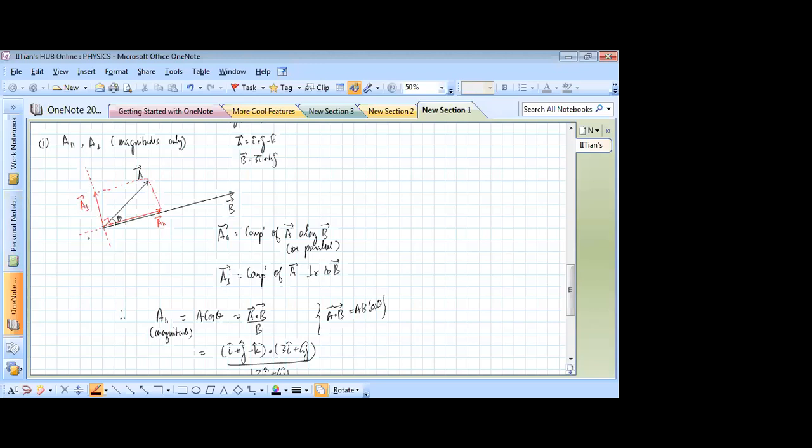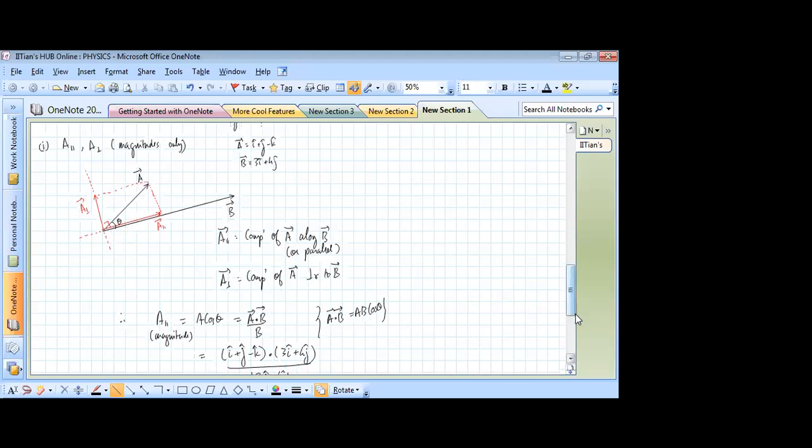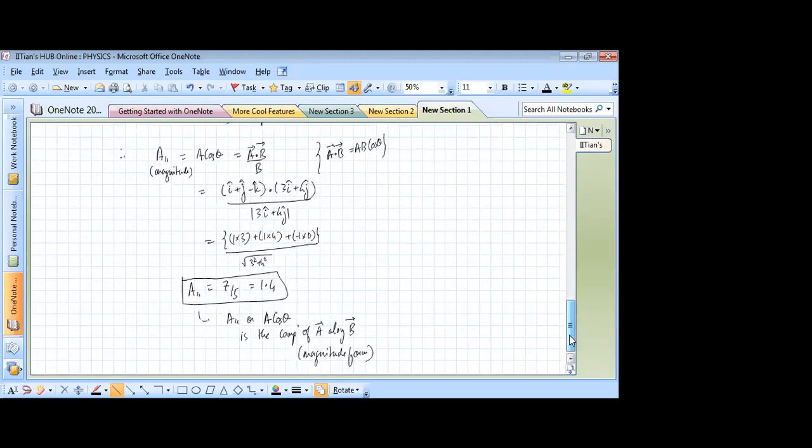Okay, so in the diagram, you first understand what we are trying to do. We are trying to find the component of this vector along this line, that is E parallel, and the component of this vector perpendicular to this line, that is E perpendicular. Because this angle is theta over here, you apply trigonometry. So what is this base over here? Its magnitude is nothing but E cos theta. So how do we calculate E cos theta?